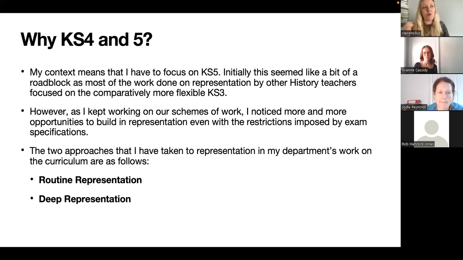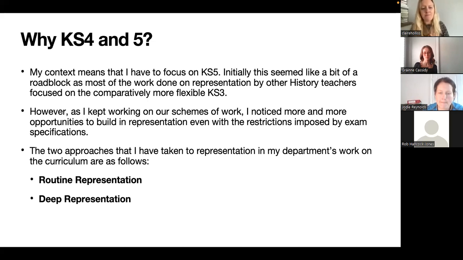And some of the things which stop people working at Key Stage 4 and Key Stage 5 on building in representation are, firstly, the requirements of the exam specification, particularly when it's quite a crowded specification: this idea that we've got to get through all of this content and can't therefore build in any more representation. Secondly, this idea that we've also got to prepare the students for the exams, so we need to be spending time doing that.